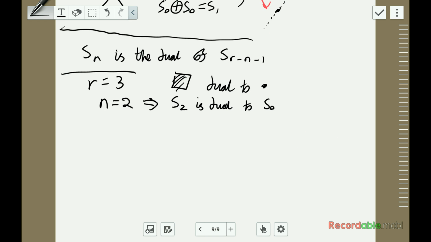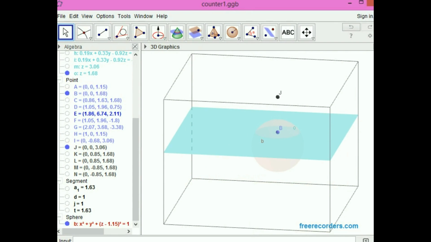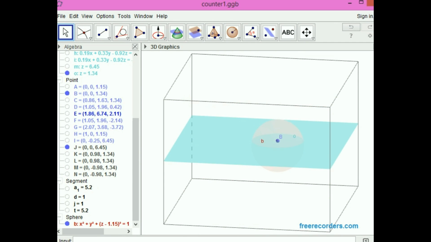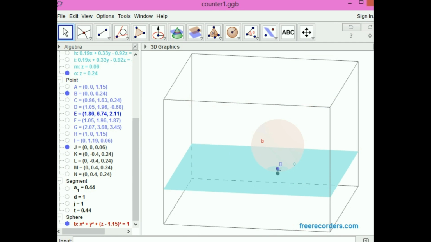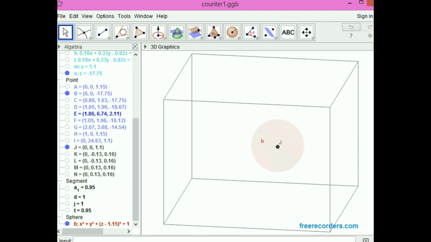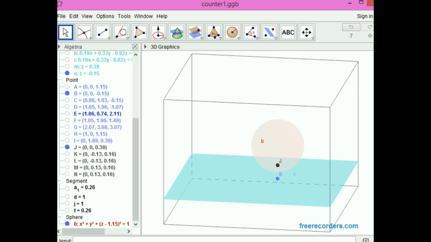And what about if we have n equals 1? Well, in this case, we just have that S1 is dual to S1. So that's no problem.